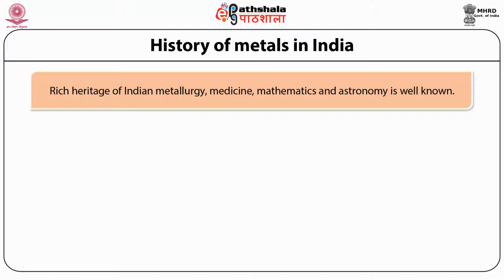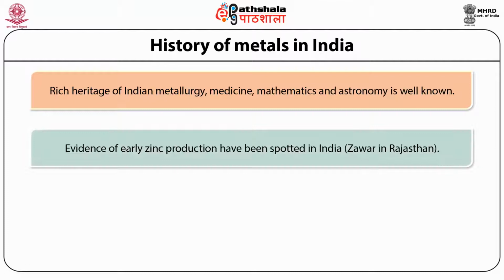India is considered to be the place where evidence of early zinc production has been spotted. Zinc is very difficult to smelt since it is volatile at the temperature where the zinc ore is smelted, that is around 1000 degrees Celsius.